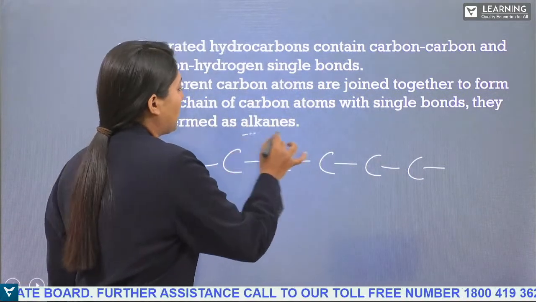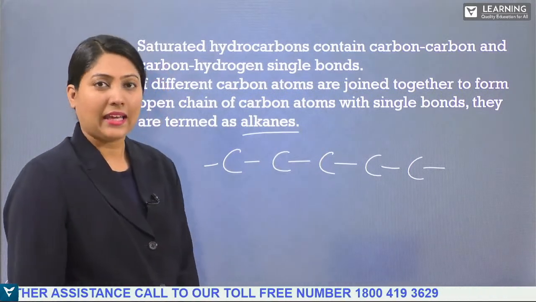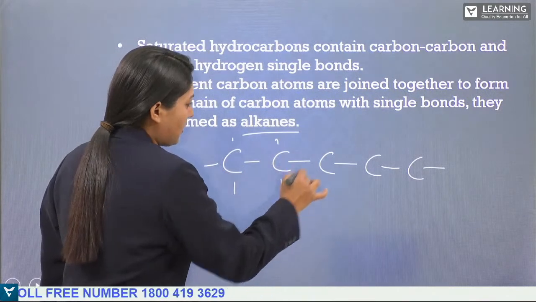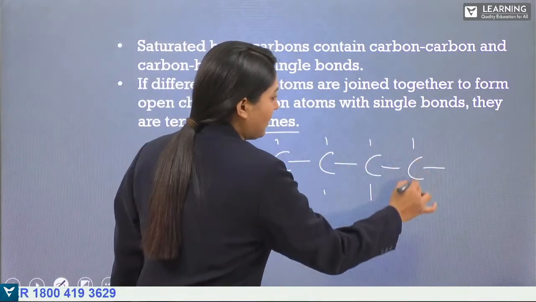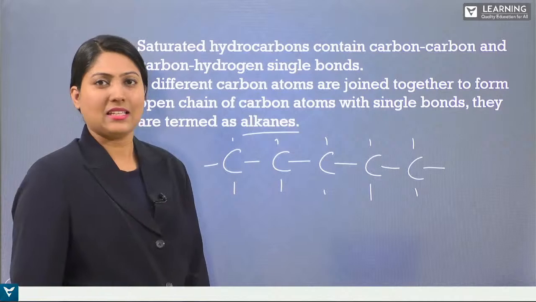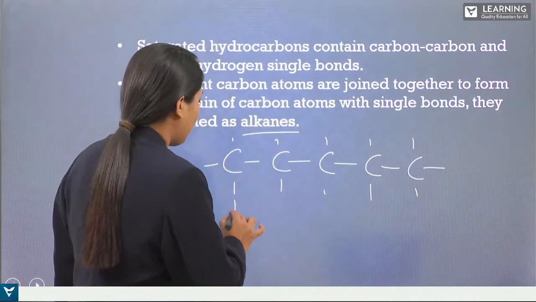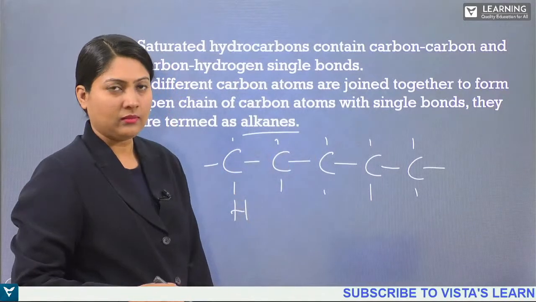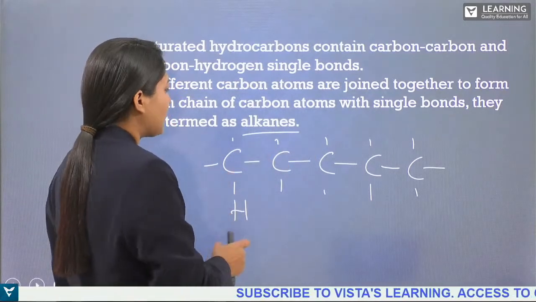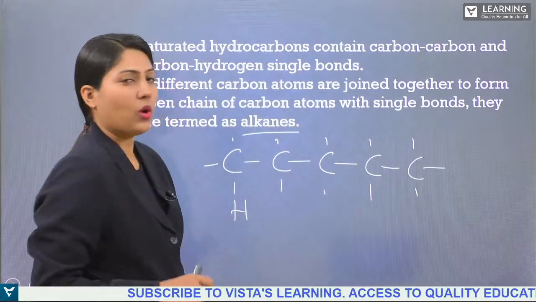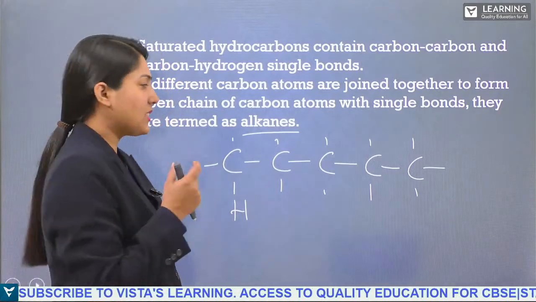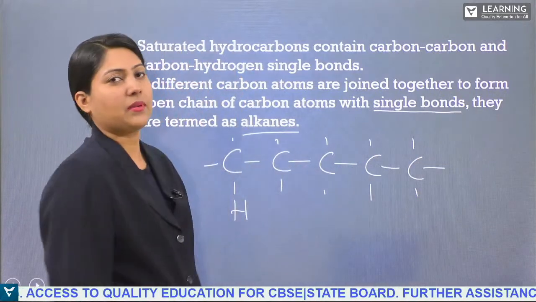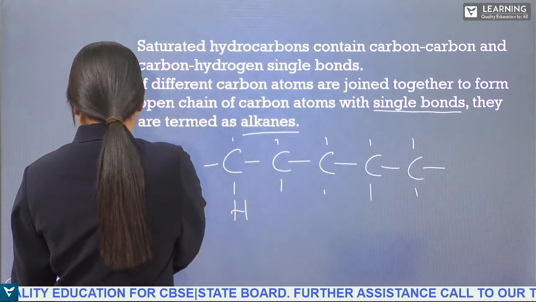These are called alkanes. The other atom which satisfies the carbon tetravalency is hydrogen. So here, if we are not writing anything, it means hydrogen is present. So you can say that this is the group or chain of carbon which has single bonds. They should have single bonds, and that can be called alkanes.